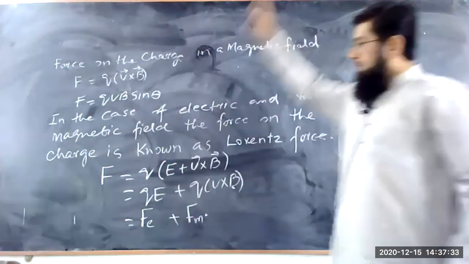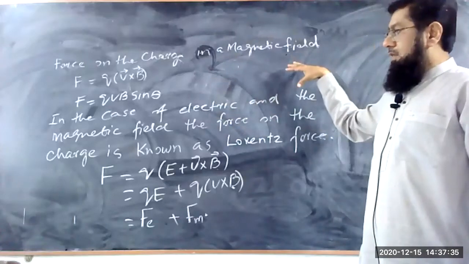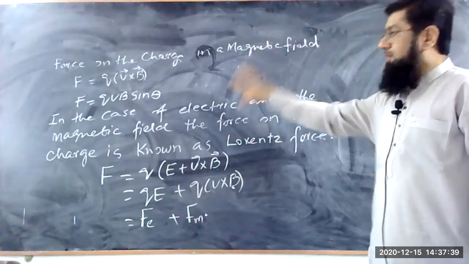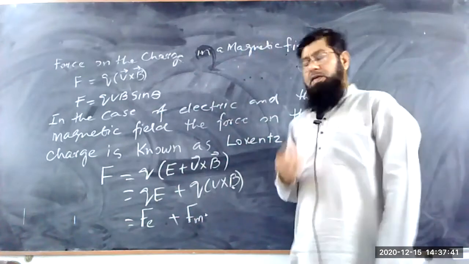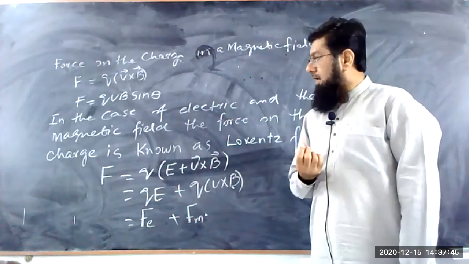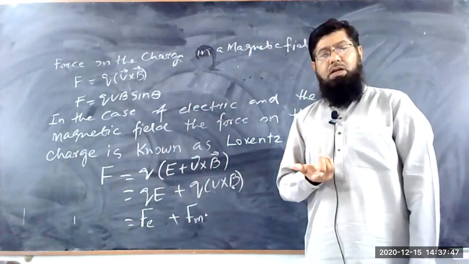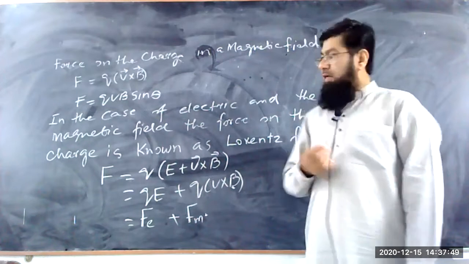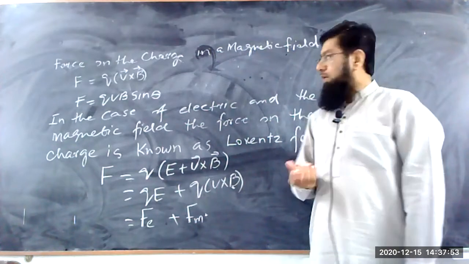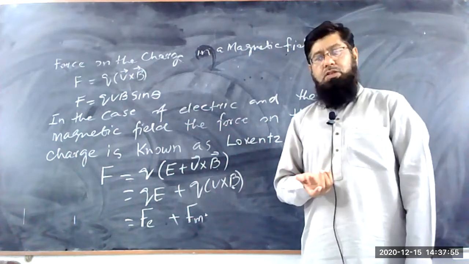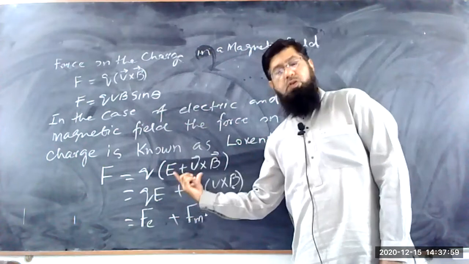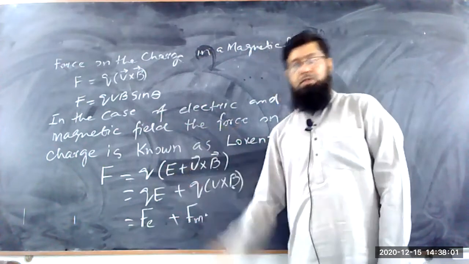This is the review of our previous lectures. What we have seen is that if the moving charge is in the electric field or in the magnetic field, it will experience a force. If it is in the electric field, the force is known as the electric force. If it is in a magnetic field, the force is the magnetic force. If it is in both fields, the force is known as the Lorentz force.